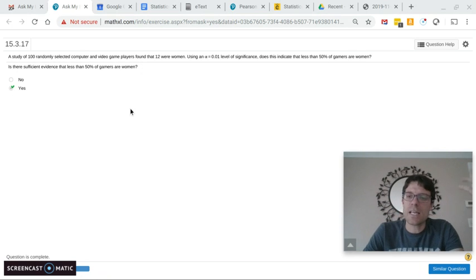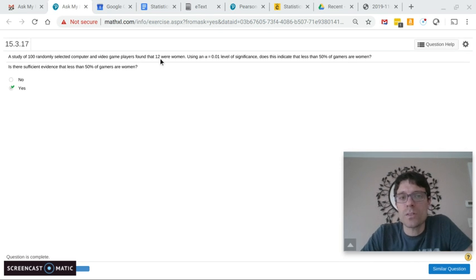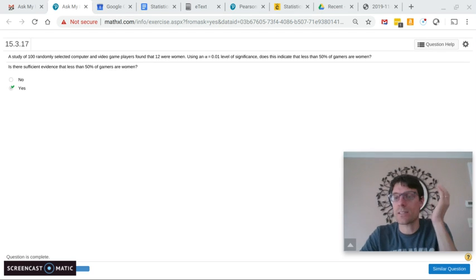Now, of course, in a sample that can vary a lot, right? But we would expect to get groups of men and women that were closer to 50, right? This is 12 women and 88 men, which is quite a disparity and nowhere near 50-50. So that's really got us doubting this.